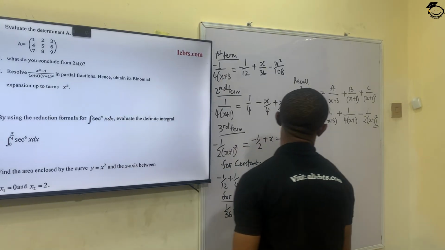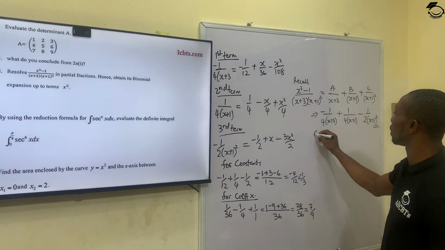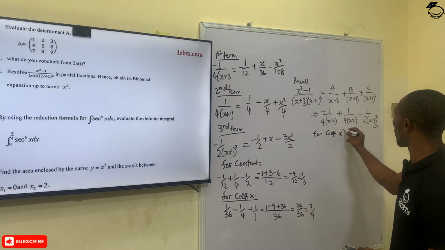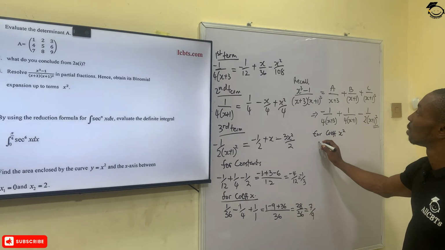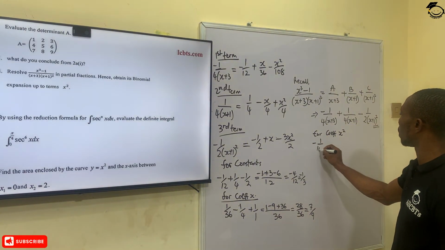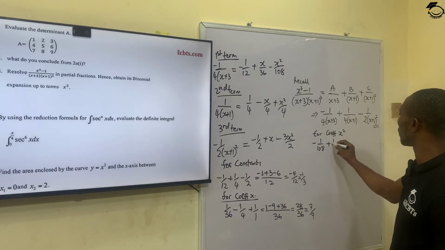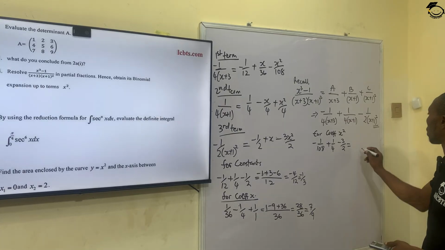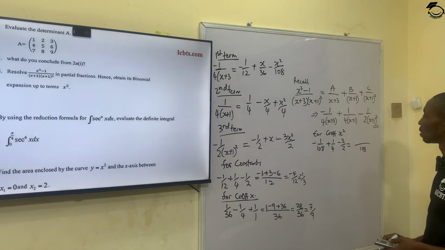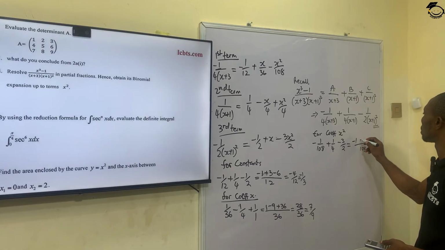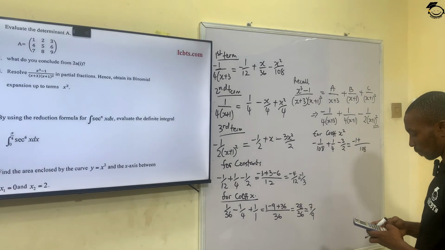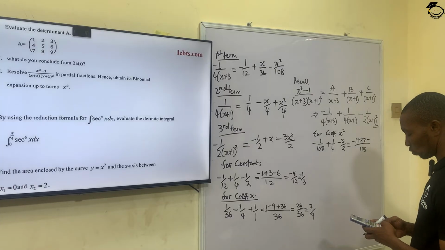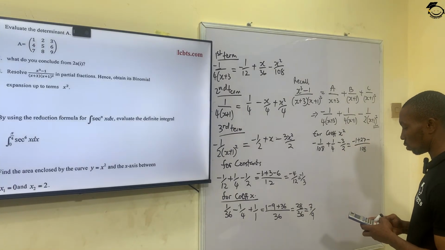And for our coefficient of x squared, we have it as minus 1 over 108 plus 1 over 4 minus 3 over 2, which our LCM here will be 108. This will give us minus 1 plus 108 divided by 4 would give us 27, minus 108 divided by 2 times 3.